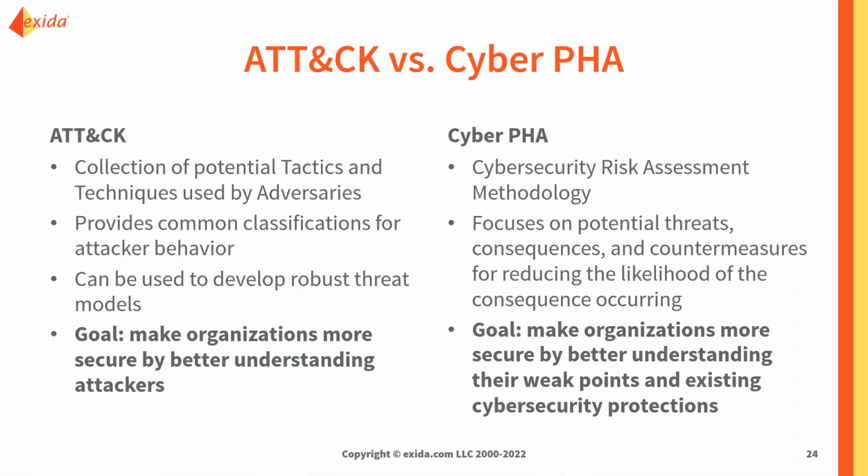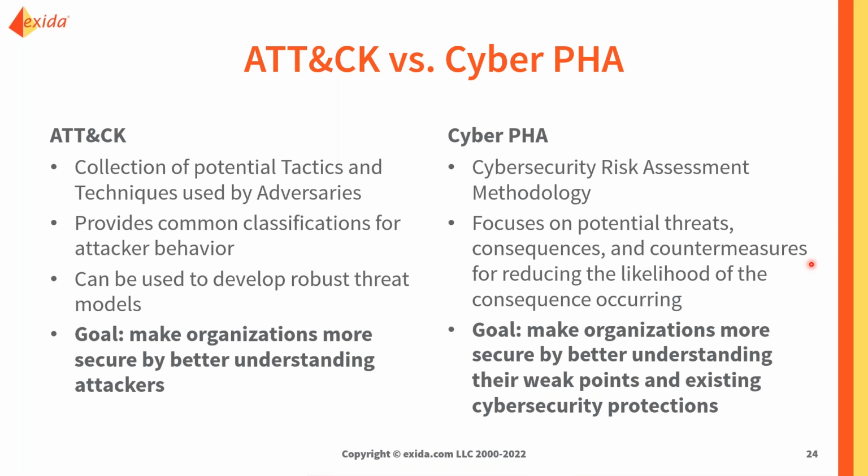So first, for a quick summary, our attack framework is a collection of potential tactics and techniques used by adversaries. This is really our common classifications of attack behaviors, and we can use this to build good threat models. For the Cyber PHA methodology, this is an approach for cyber risk assessment. We focus on the threats, the consequences, the countermeasures for reducing the potential to get to that consequence.